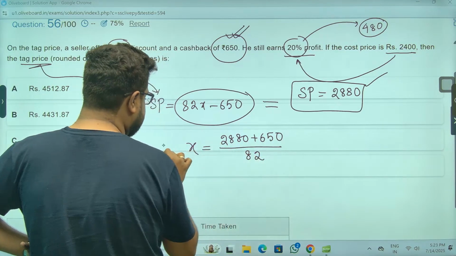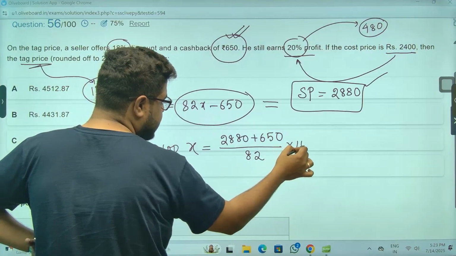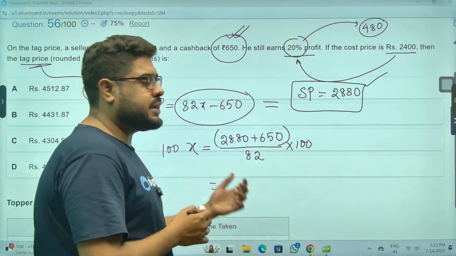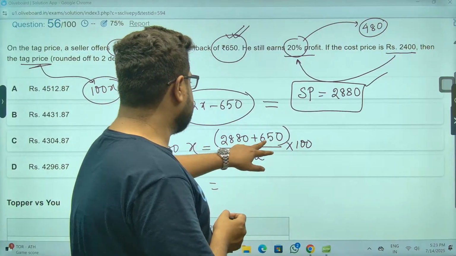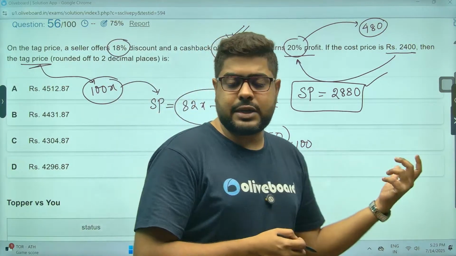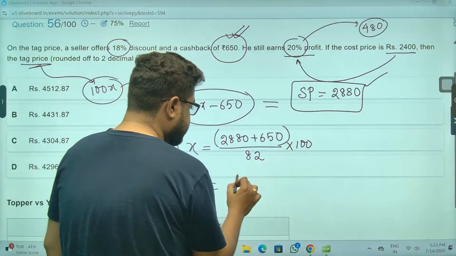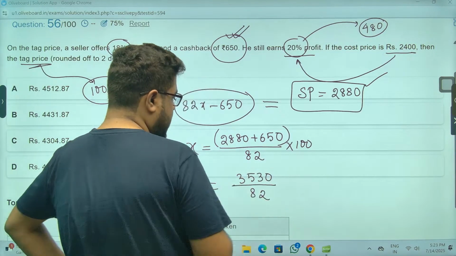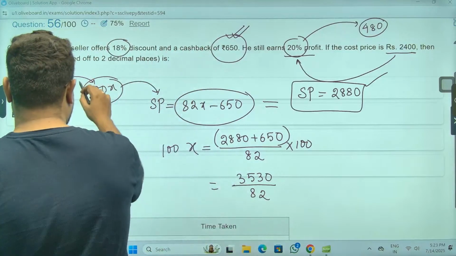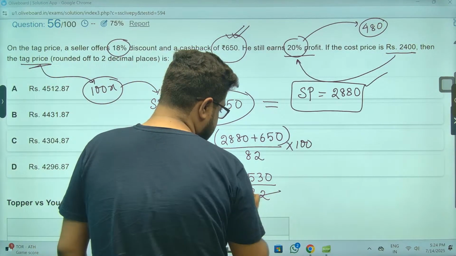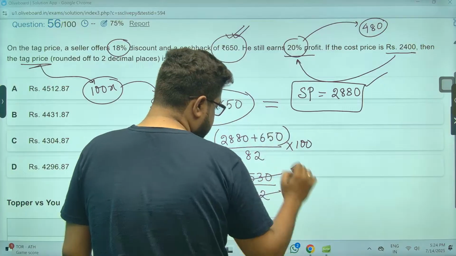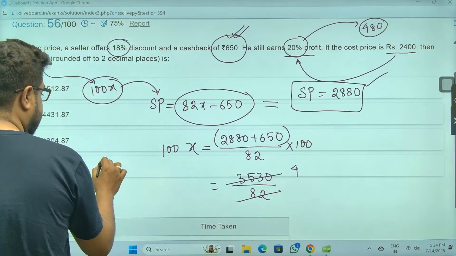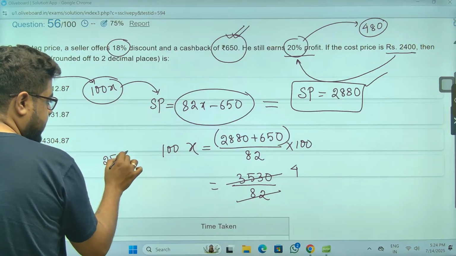But again, I don't need x. I need 100x. So into 100, sir. Chalo, calculate, sir. 82 fours are 328, meaning 25 remaining, 250.